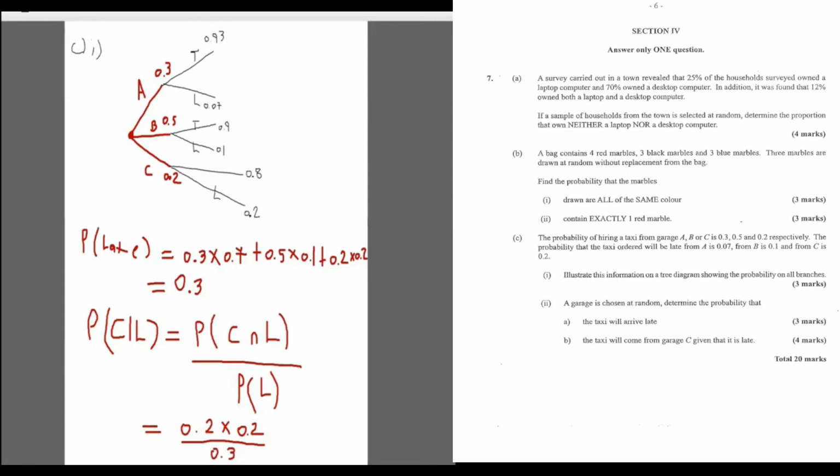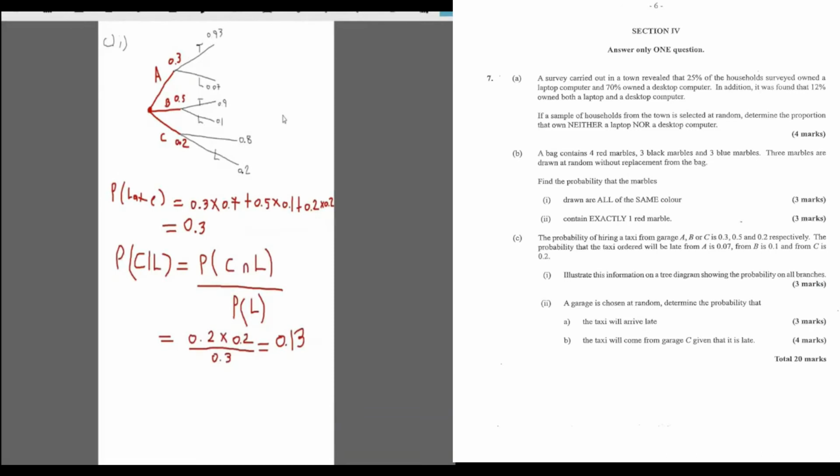So work that out: 0.2 times 0.2 divided by 0.3 works out to be 0.133. Nice and easy. And that's the chance of choosing taxi C given that it is late.